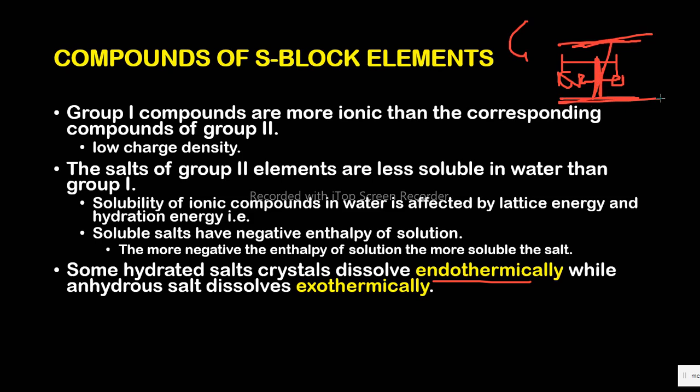So the energy needed to break the bond is not that much, so it can easily be outweighed by the hydration energy. Hence the solubility of group 1 elements and group 2 elements is going to vary in that manner.